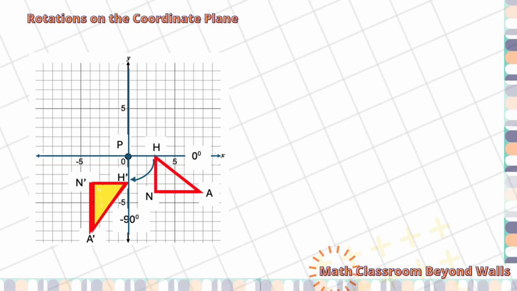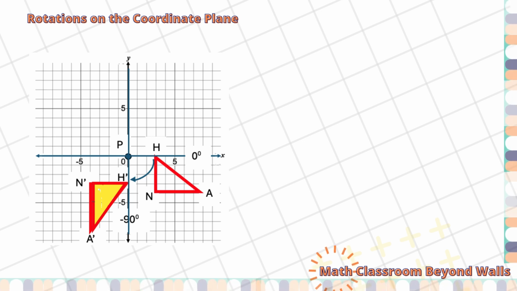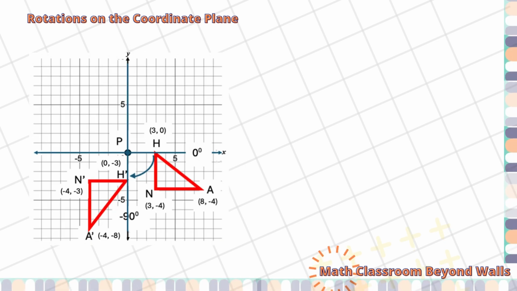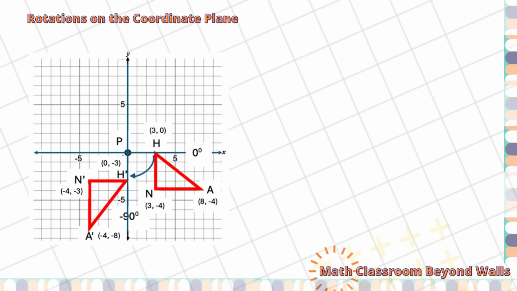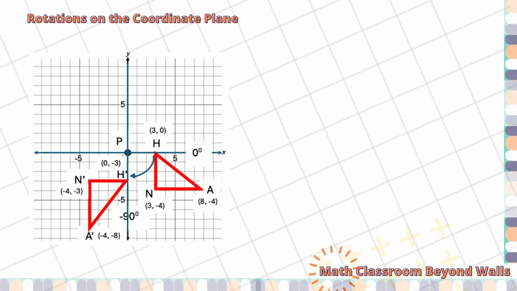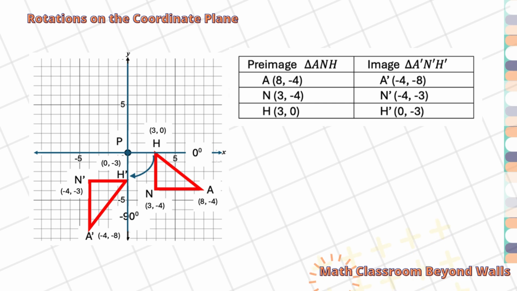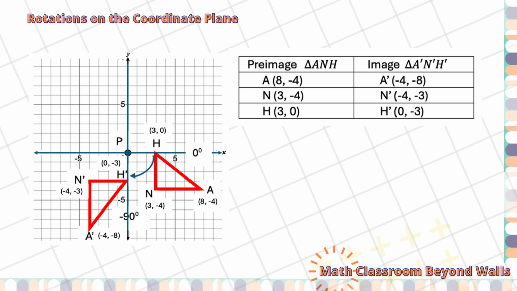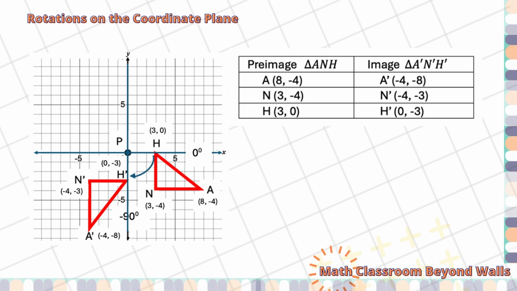The following are the coordinates of the vertices at both the preimage and the image. For easy analysis, the coordinates of the vertices are listed on the table. From here, we can readily see the changes on the coordinates that took place.